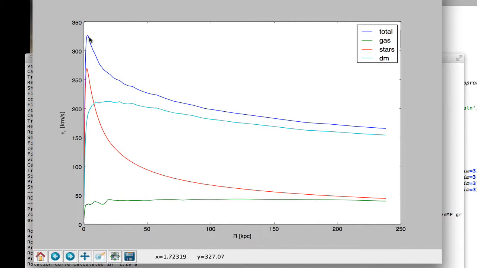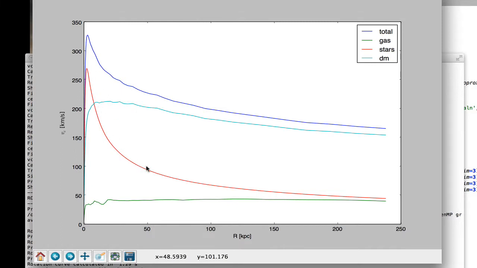The total rotation curve is this top blue one, and we see that it's quite fast, in the top, close to the center of the galaxy, and it gradually decreases. Well, there's a big drop, but then it gradually decreases after that. Dark matter is our next line here, which follows the total curve, but doesn't peak in the same way.